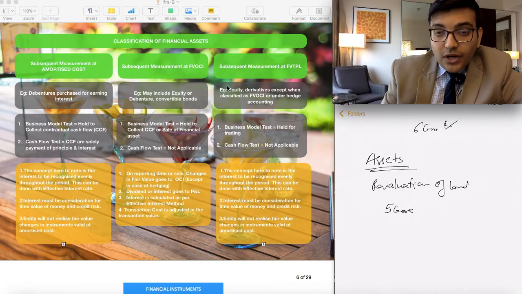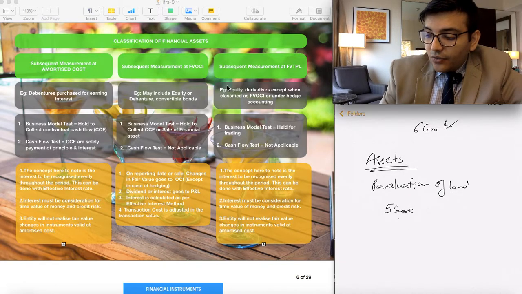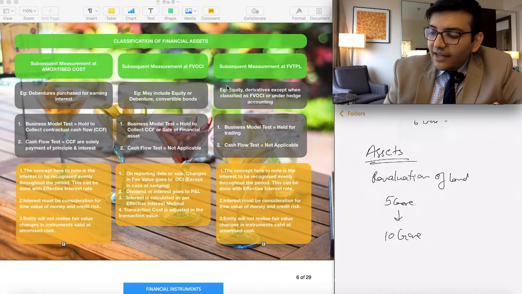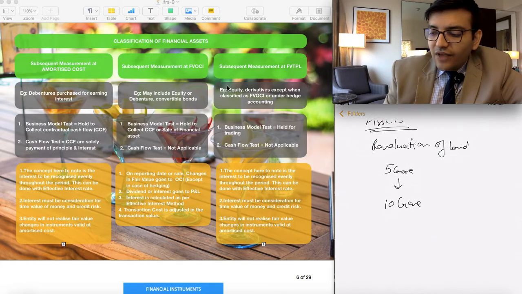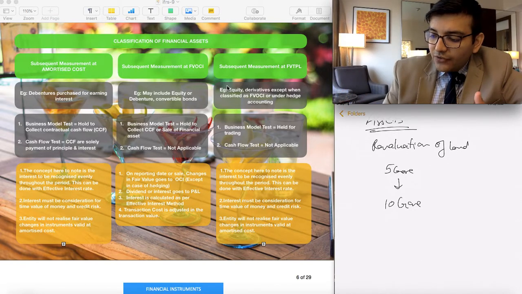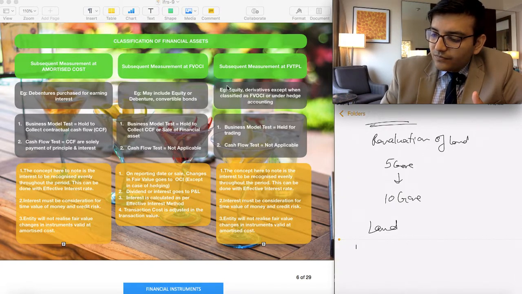Now land value increased to 10 crore. It was revalued after 2-3 years, and we suddenly found that it is 10 crore. So when the value increases, you have to give the second impact somewhere. What will the entry be? It will be land account debit.